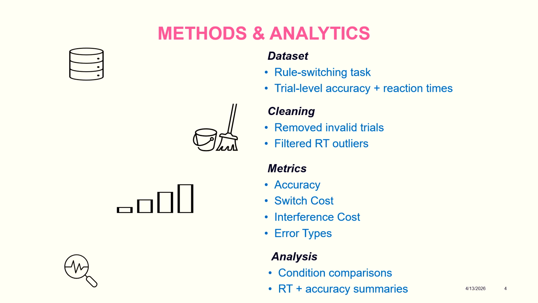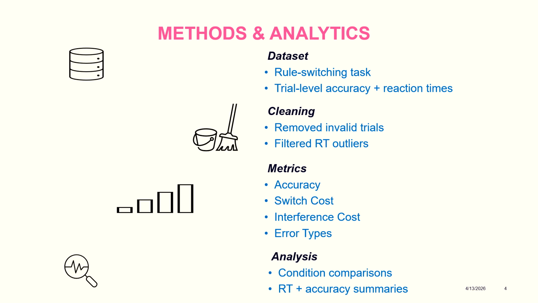Cleaning: before analysis, I removed invalid trials and filtered out RT outliers to ensure the metrics reflected meaningful behavior. The analysis focuses on condition comparison, accuracy and RT summaries, switch cost, interference cost, and error types. This allows me to evaluate the model's performance according to different cognitive demands.